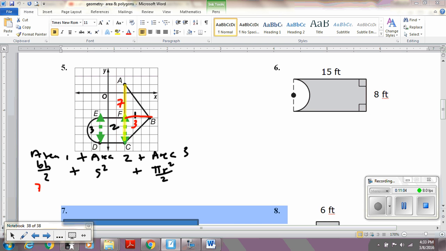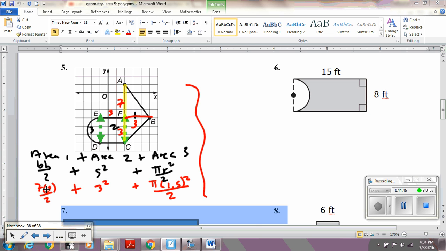So it's 7 times 3 divided by 2 for the triangle. For the square, it has dimensions of 3 by 3, so it's going to give us 3 squared. For the semicircle, the diameter is 3. The radius is half of that, so it's 3 halves, or 1.5. So it's pi times 1.5 squared over 2.